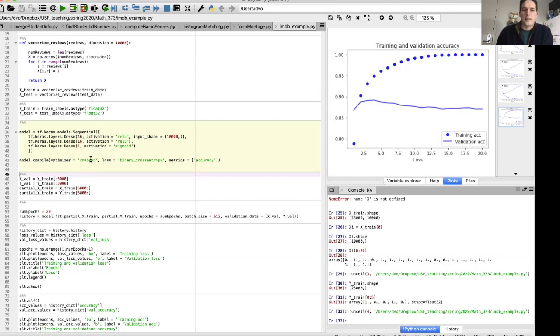We're going to use RMS-prop in this case. The loss function is just like when we do logistic regression for binary classification, we use the cross-entropy loss function to compare our predicted probabilities with the ground truth probabilities. We're doing the same thing here. That's our loss function. And we're going to tell TensorFlow to keep track of the classification accuracy as it trains the neural network.